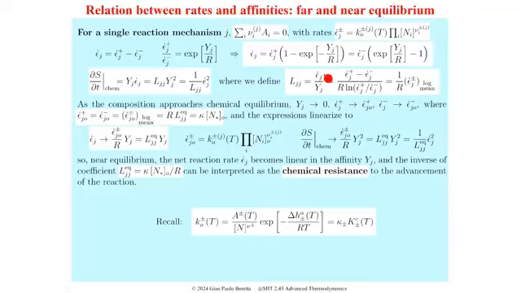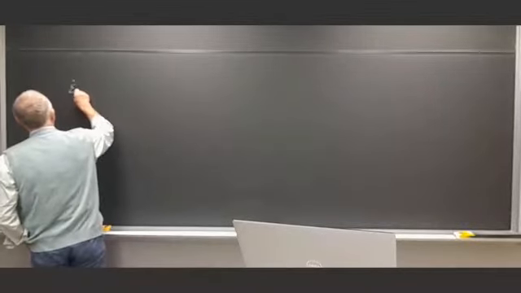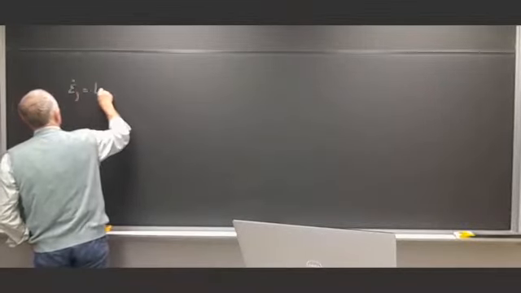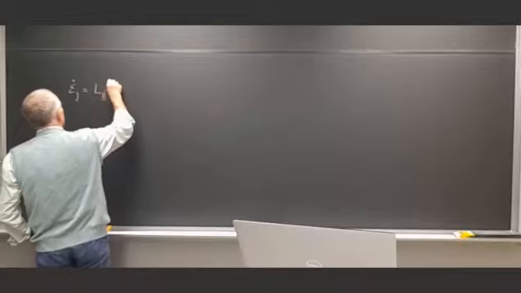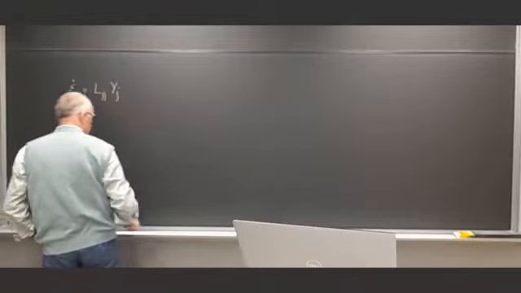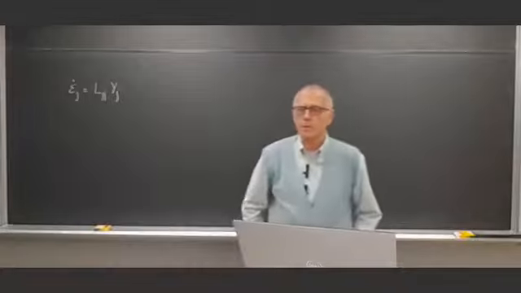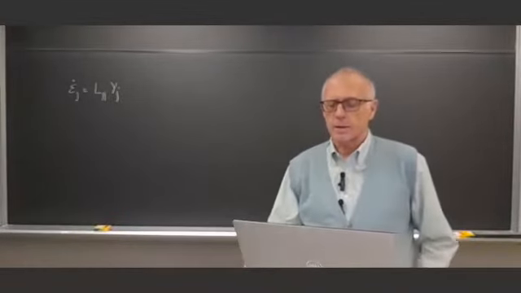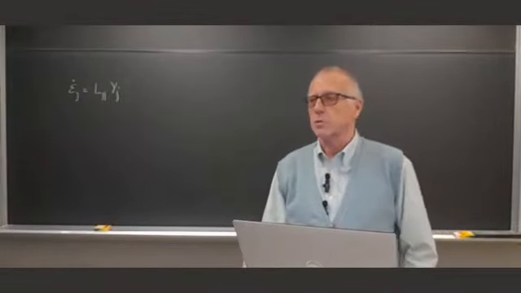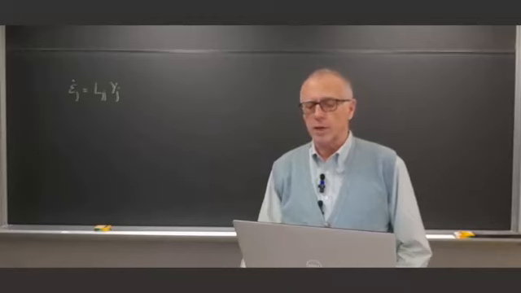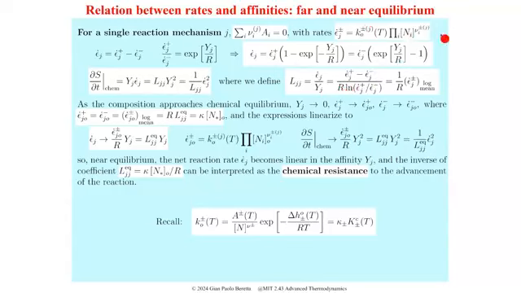And therefore, if I write epsilon dot j equals L jj y j, it looks like a linear relation. But it is not linear because the L jj's depend on the affinities and depend on a bunch of other stuff.